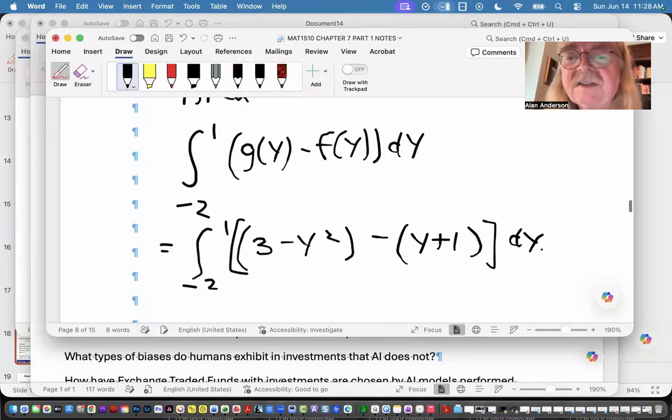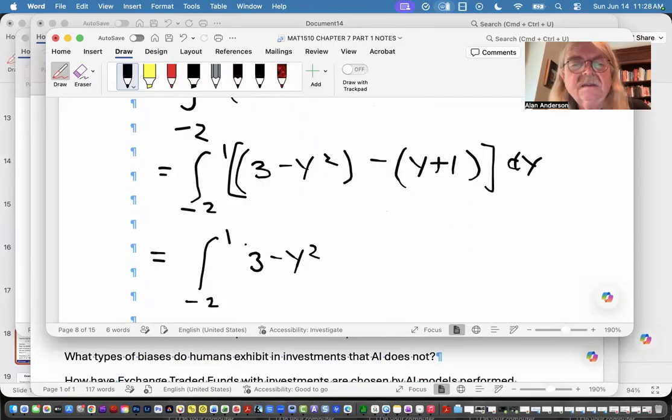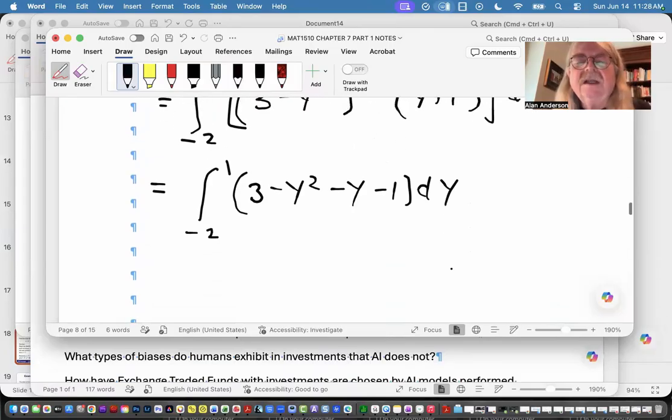So now the rest of it is exactly the same as what we've been doing. First, we, of course, rearrange this algebraically. Then we write it a little neater: -y squared minus y.